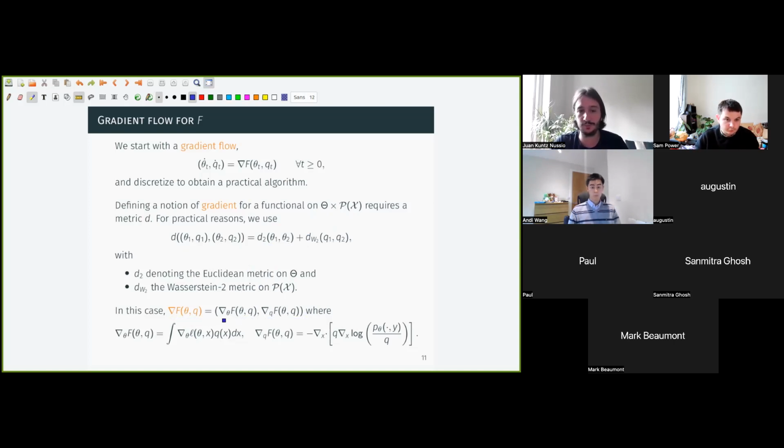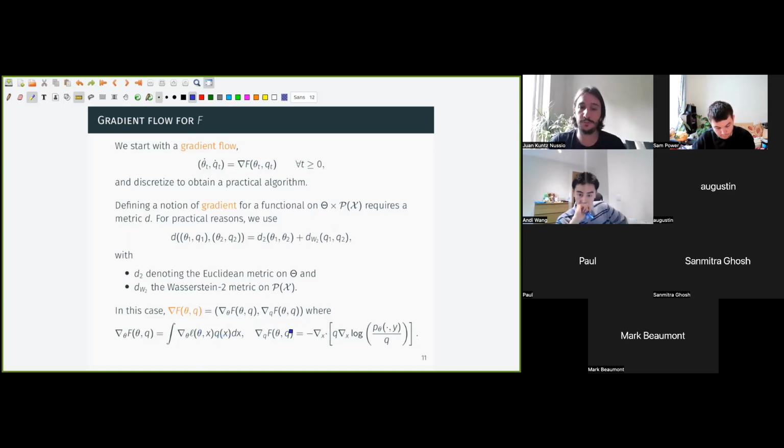It's given by this tuple in which you have a theta component that will tell you how to update the thetas, and a q component that will tell you how to update the q. And the theta component, it's simple. It just reads, well, you take gradients of the log of the density of your model with respect to theta. You evaluate them at whatever theta you are right now, and you integrate that with respect to whatever q you are right now.